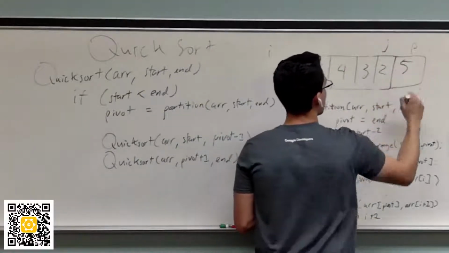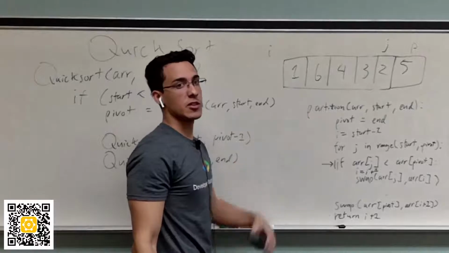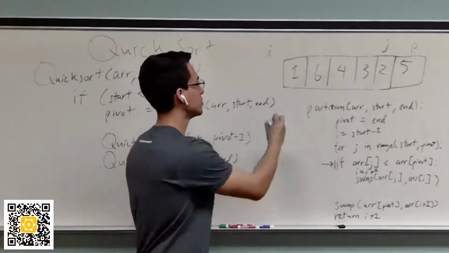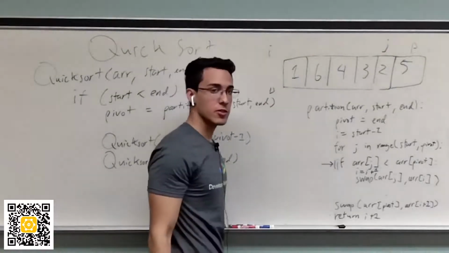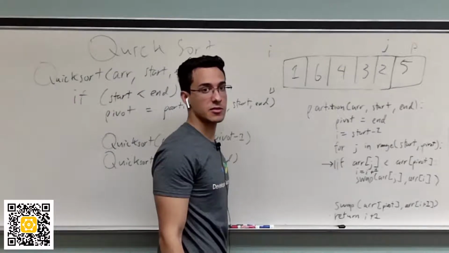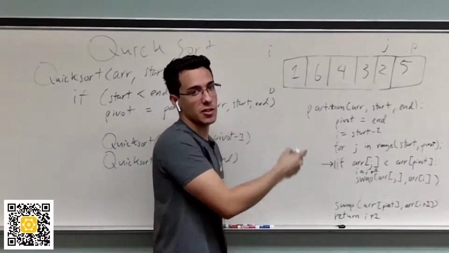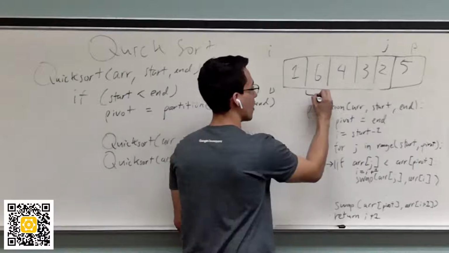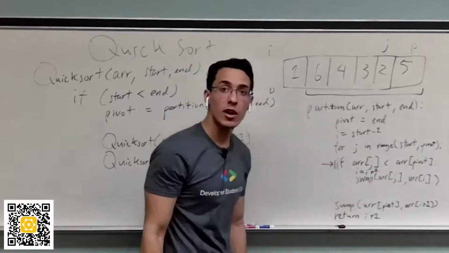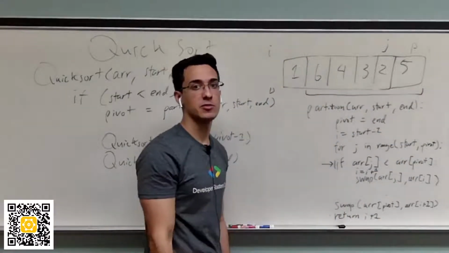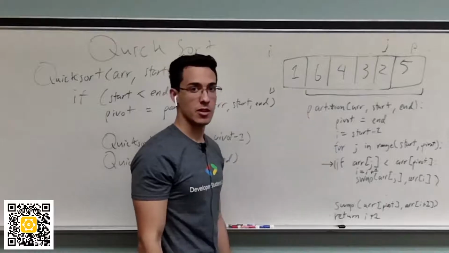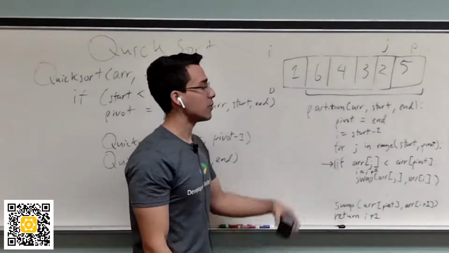Since 1 is the smallest value, it's going to stay at the left. So what did you do? To the left is nothing. And the right is the whole array minus 1 value, which is that one. So imagine we kept doing that, right?